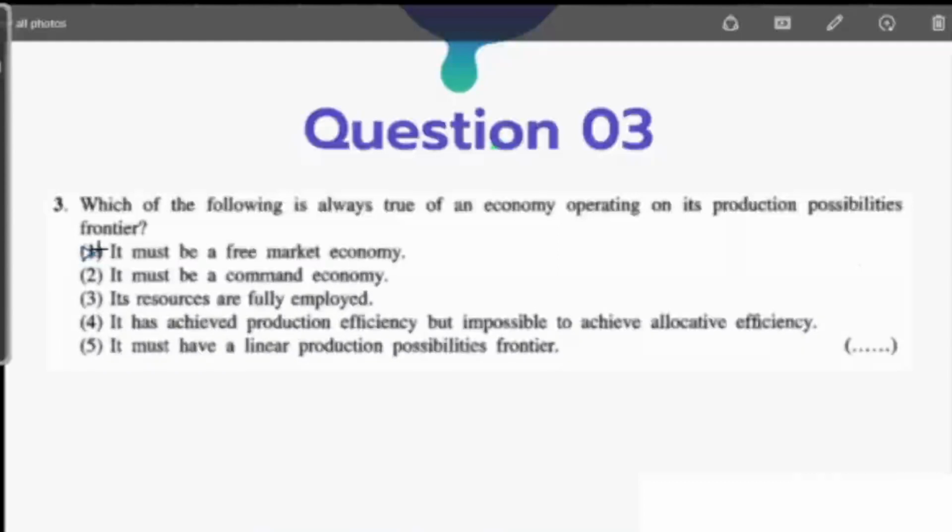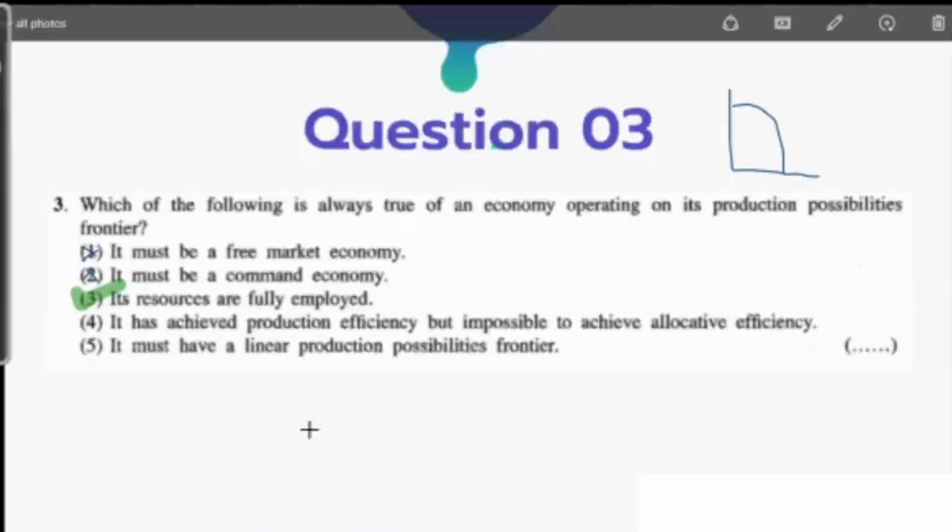It must be a command economy. That is also inaccurate. Its resources are fully employed. If you remember this production possibility curve, this curve represents resources which are fully and efficiently employed. So this statement is correct.